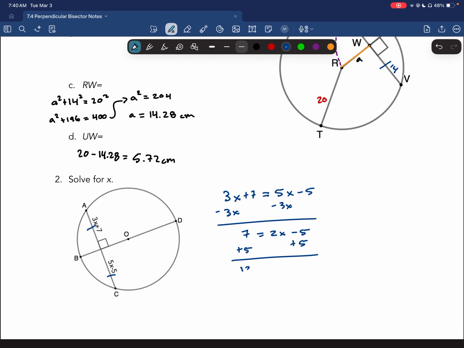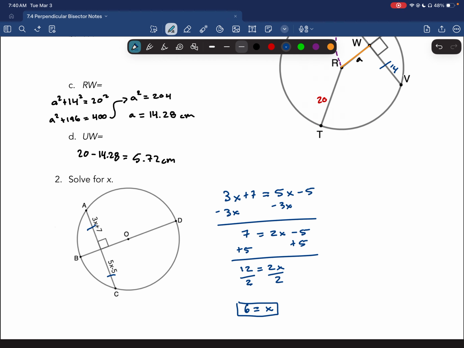That's going to give me 12 is equal to 2x. And now to get x all by itself, just get rid of this 2 that's multiplying x. So I'm going to divide both sides by 2. It's going to leave me with 6 is equal to x. Okay. And voila, we've solved for x.